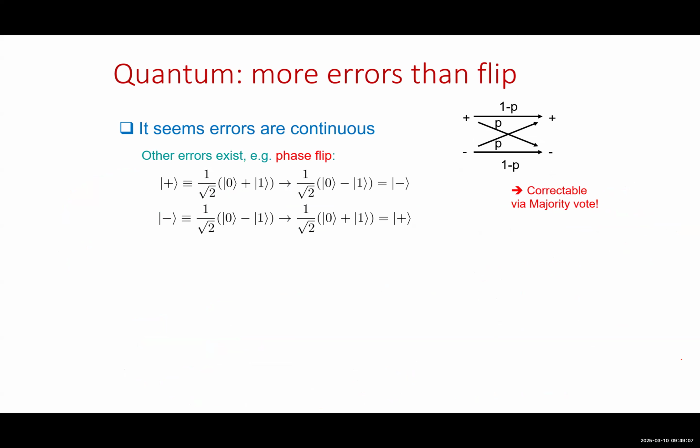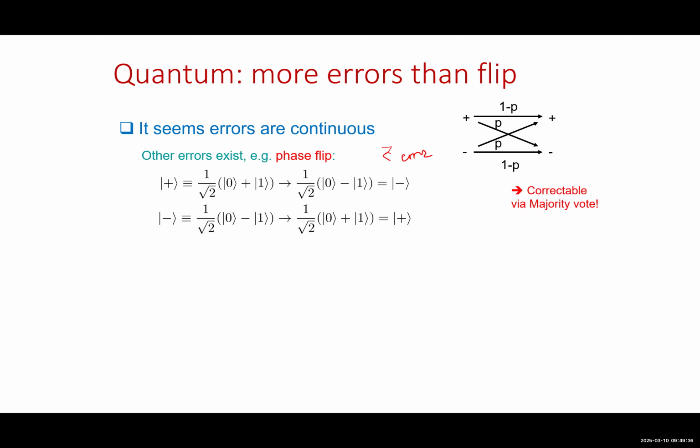But in quantum mechanics, you don't necessarily have an error only in bit flip. You could also have a phase flip. In that case, the simplest would be the Z error, for example. Z error flips plus to minus because it's a relative phase, and minus flips back to plus.